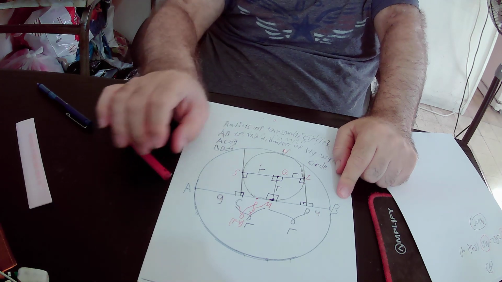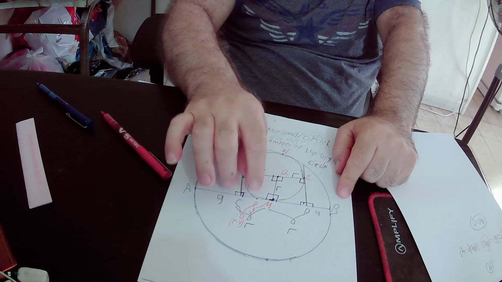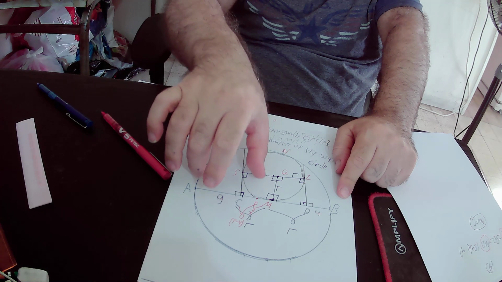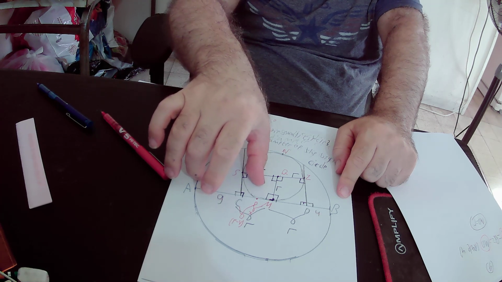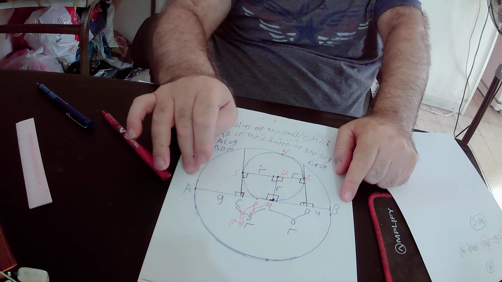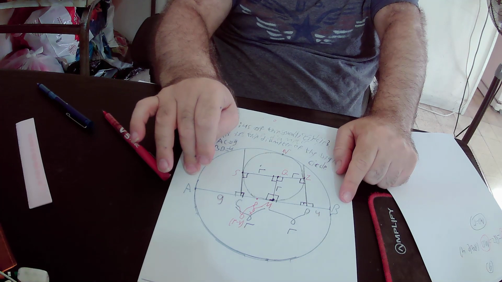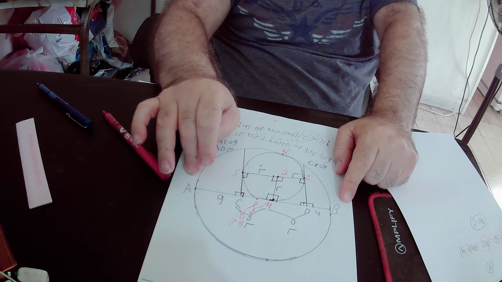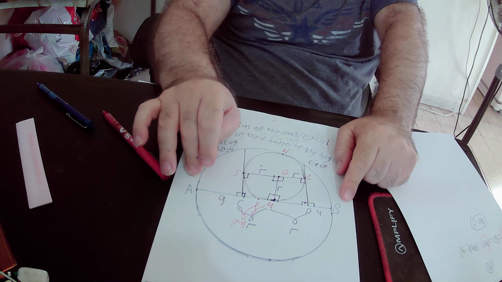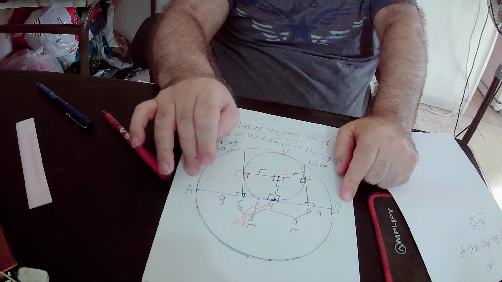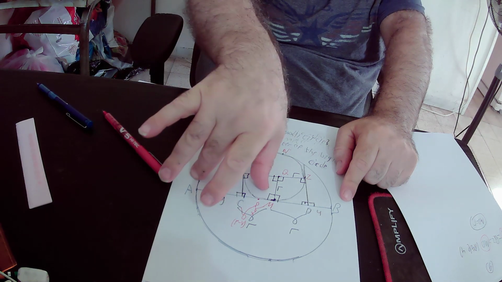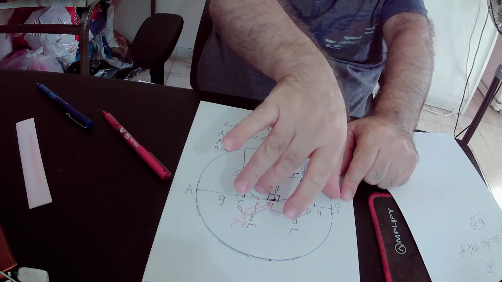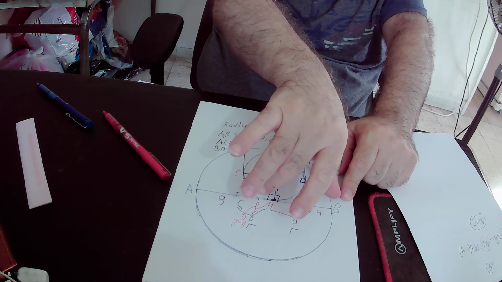AB equals 2 times the radius, that is to say, 2 times capital R. It actually equals AP, that is R, plus PB, that is also capital R.